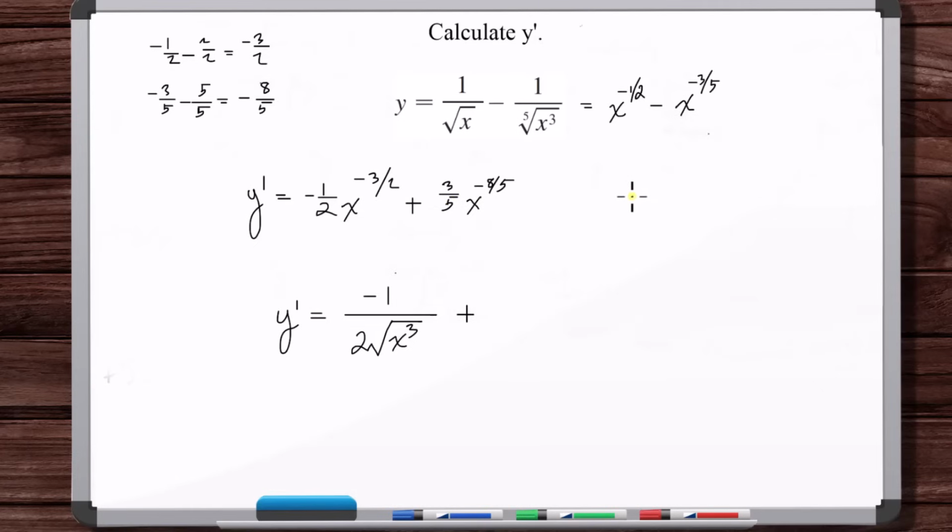What is x to the 8/5? That's the 5th root of x to the 8. Well, okay, we have x to the 5th times x cubed. So we can take out an x, like, x to the 5th comes out as x.